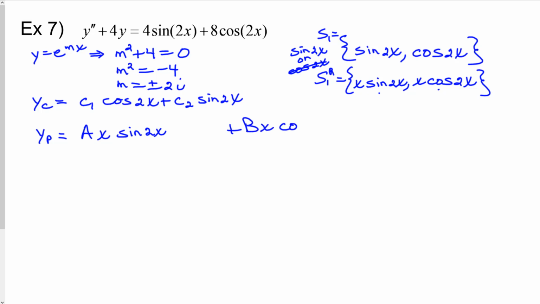And I'm intentionally leaving a little room for the derivatives, because we know we have products for both of these terms. All right, so thinking of this as a factor of ax times the factor sine 2x, the derivative of the second factor multiplied times the first factor will give me 2ax cosine 2x plus the derivative of the first factor times the second factor, which is just a sine 2x.